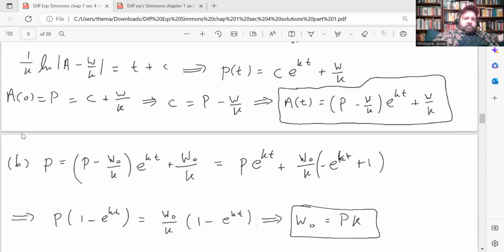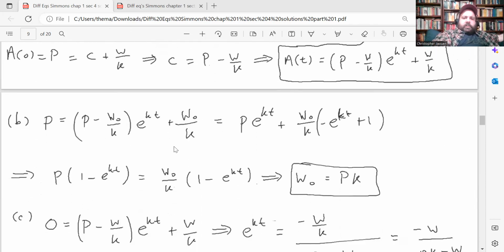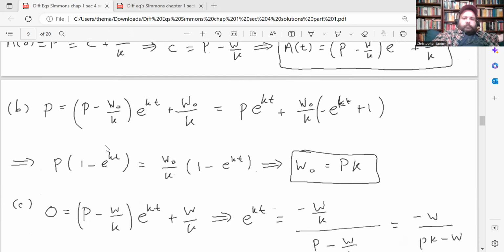All right, so going down here, if I plug in W0, we want to figure out what W0 has to be in order to make the amount of money in the account always the same. In other words, we're just using the interest off of the principal that's invested in there.